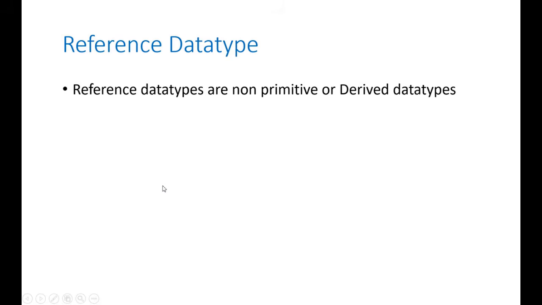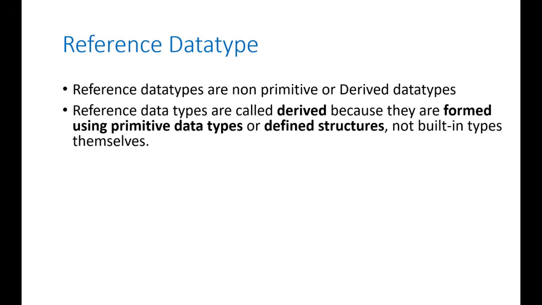Reference data types are also known as non-primitive or derived data types, because they are not actually present inside Java as primitive data types. What does it mean? When we install Java, it comes with a facility to store data using keywords like int, float, and char, which are the inbuilt types of data defined in Java.